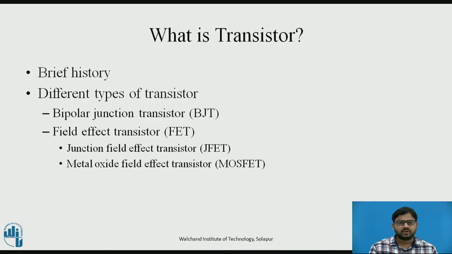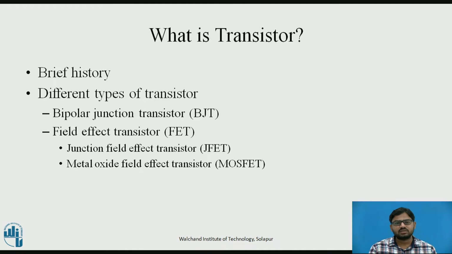So what is meant by the transistor? The brief history of the transistor started from vacuum technology: vacuum diode, vacuum tetrode, vacuum pentode. In these, the flow of electrons is controlled by a heating element, the filament, and these devices require a large amount of power as compared to semiconductor technology.